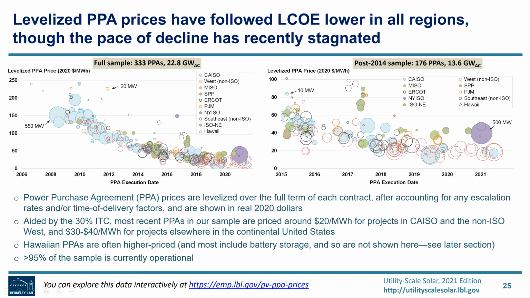On the graph on the right, we're focusing just on the recent years to make things a little more legible. What you see there is sideways movement over the last few years, which is perhaps to be expected once PPA prices get down to the levels where they are now, which is around $20 per megawatt hour in the West. Those are the red circles that you see here.